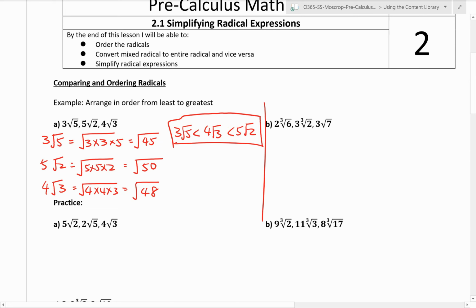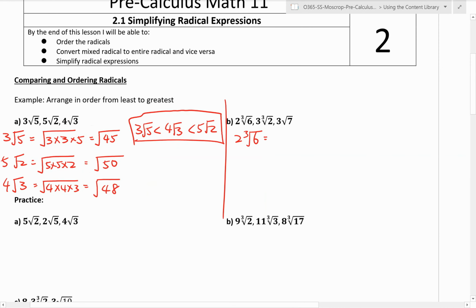Okay. Similarly, with part B, we have 2 cube roots, and we actually have 1 square root right here. But you know what? We're going to do the same thing. We're going to convert everything into entire radicals first. So we have 2 times cube root of 6, which means this is the cube root of 2 times 2 times 2 times 6, which is cube root of 48.